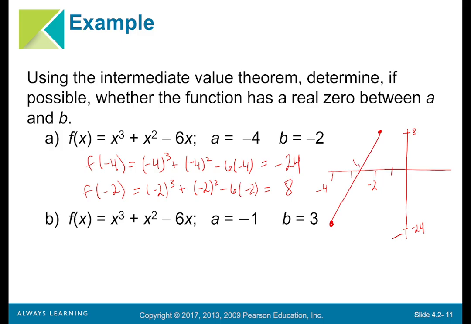And yes, I am in fact crossing the x-axis. So yes, I do have a 0. Essentially because my y value is -24 for the first one, my y value is then 8 for the second one. I know I must have crossed the axis at some point to go from negative 24 to 8. So yes, there is a 0 between negative 4 and negative 2.